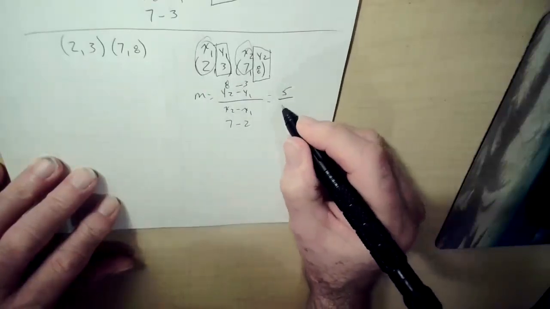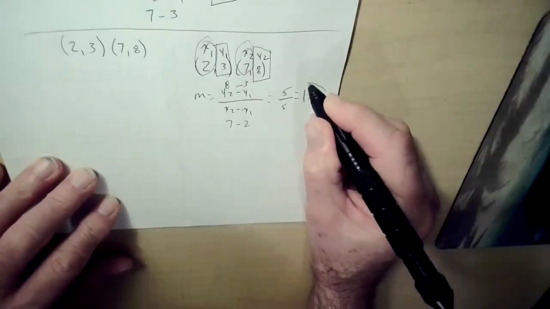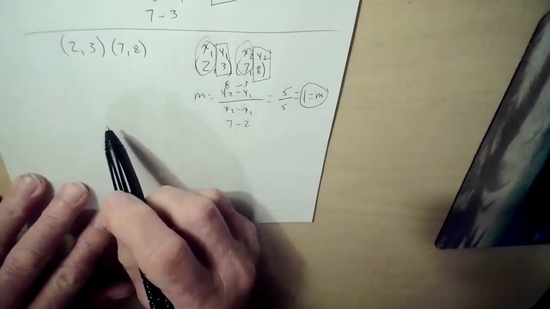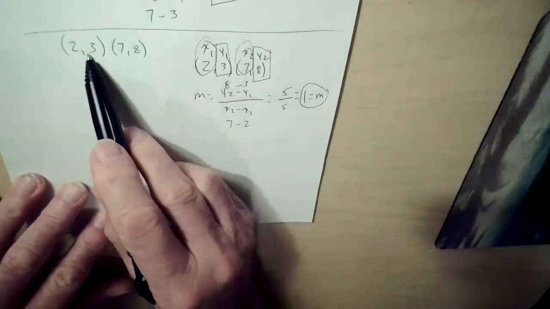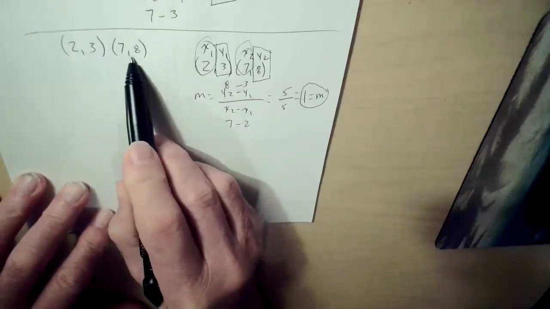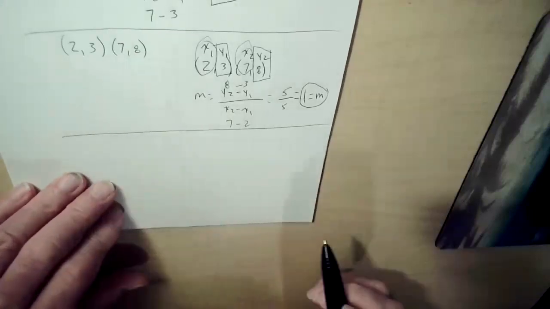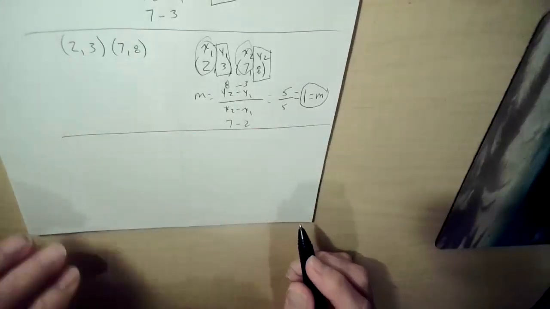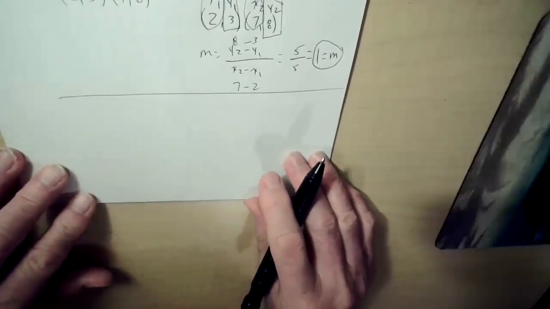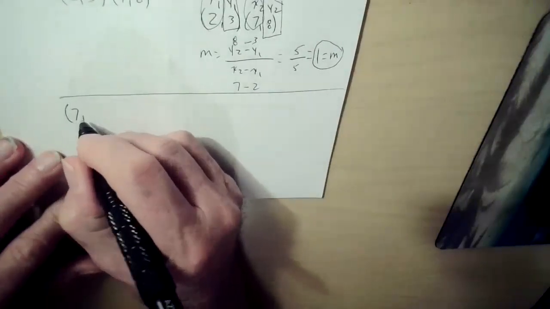Now we do the arithmetic. 8 minus 3 is 5, over 7 minus 2 is 5, which is 1, which is our slope. So what this means is, if we were to graph this, our slope would be 1, and we can calculate what our y-intercept is also.